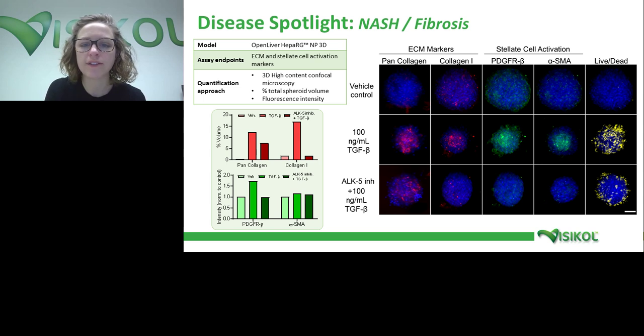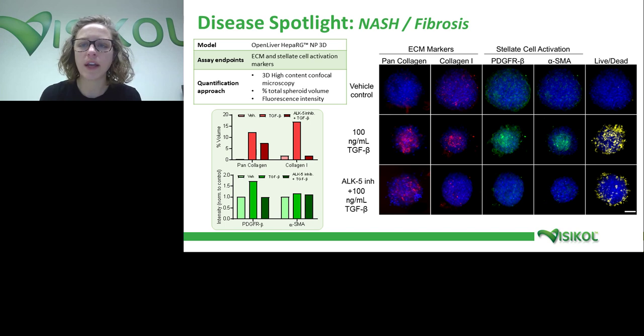So we looked at activation of stellate cells, here shown in green, these two green markers, PDGFR-beta and alpha-SMA. And we see that we get a great increase in the amount of stellate cell activation when we stimulate with TGF-beta. Likewise, those stellate cells start to deposit collagen, here labeled either collagen 1 or pan-collagen to label multiple collagen subtypes at once.